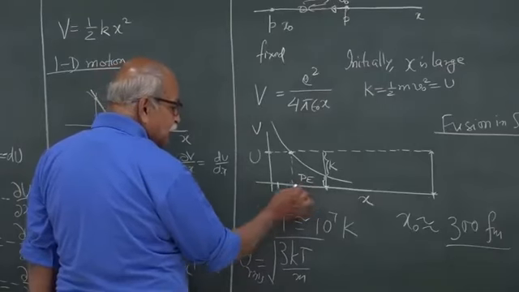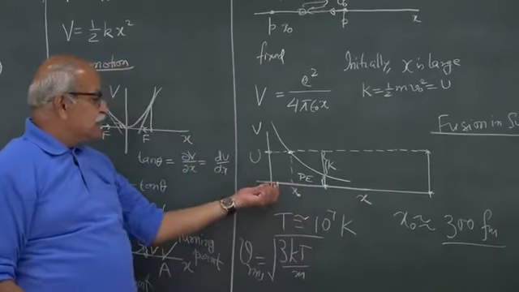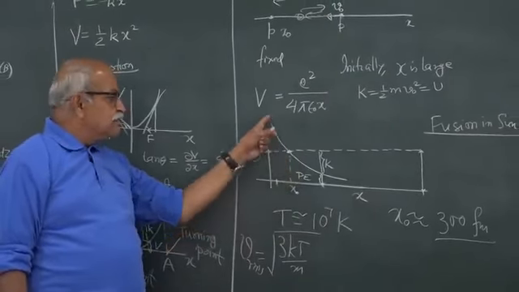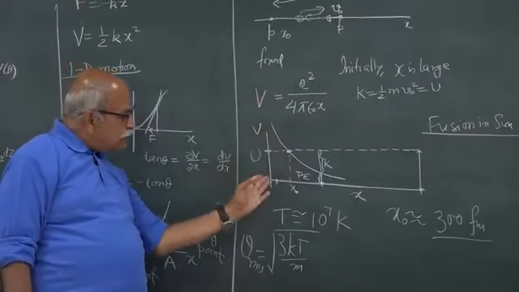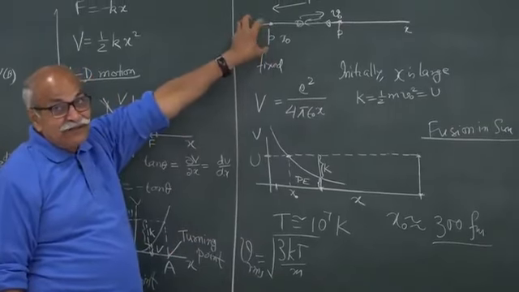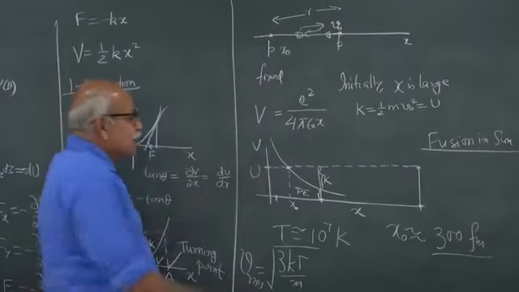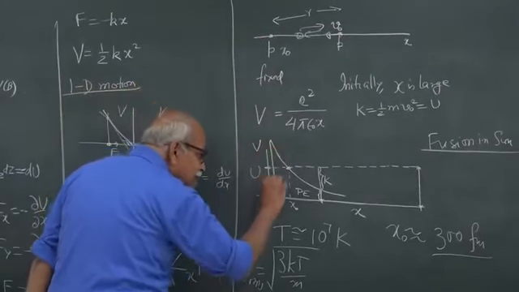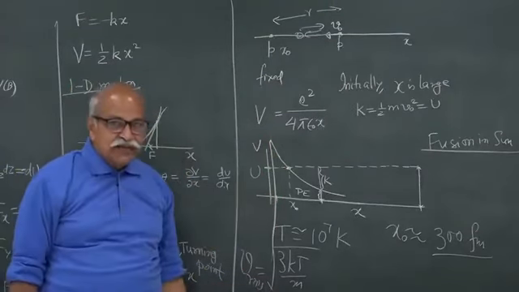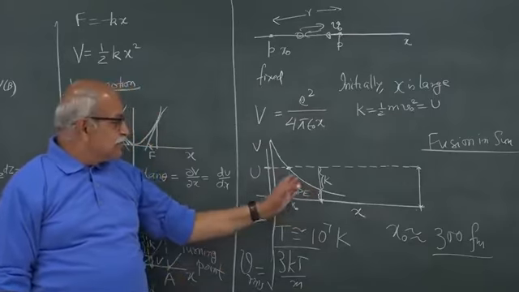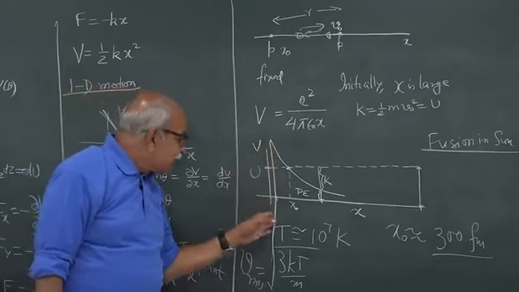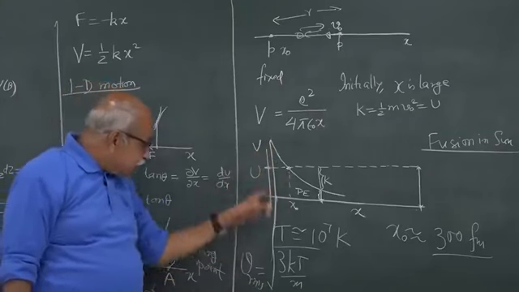If the separation is in the femtometer range, then on top of this Coulomb potential energy you also have potential energy corresponding to nuclear attraction, and that is very strong in the femtometer region. So, this curve actually goes like this. This is the nuclear attraction range where the potential energy has sharply gone down. The Coulomb potential energy is increasing, but the nuclear one is sharply going down, and it overtakes this Coulomb energy, and the final potential energy is of this type.